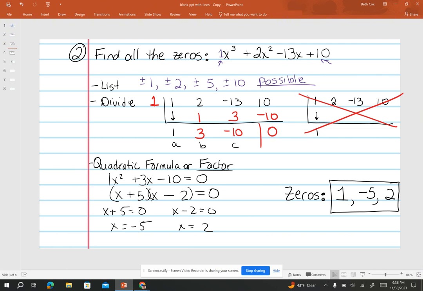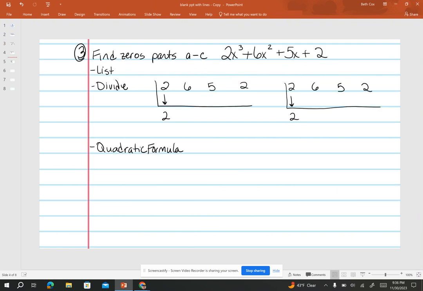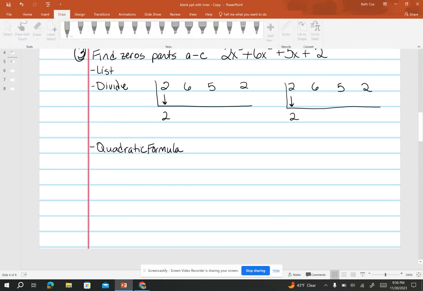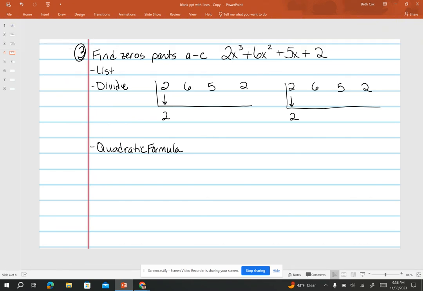Number 3, however, it wants you to list them all and then type them all in. So when we do this one, I'm going to have to write them all down. So I need factors of 2 over the factors of 2. So that would be positive and negative 1, positive and negative 2 over positive and negative 1, positive and negative 2.